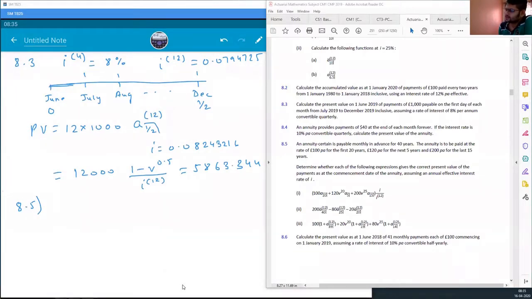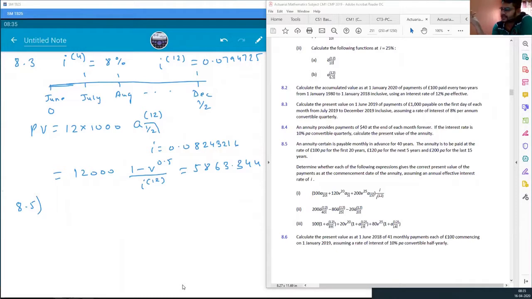An annuity certain is payable monthly in advance for 40 years. Now see, I told you whenever we have annuity certain, we assume it to be arrears, but certain does not actually mean arrears. Certain means that everything is known.